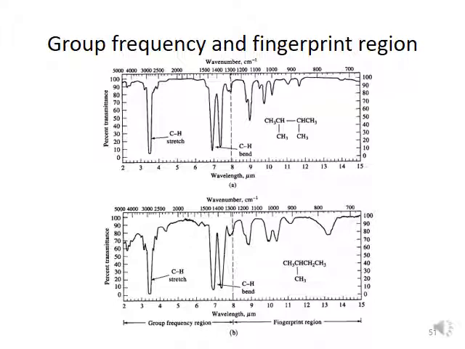And in this part, starting from 1000 and below, is what we call the fingerprint region. This part is hard to use to determine the functional group of each peak, but you need to know that in this region, for example, only this molecule will have this kind of fingerprint shape.